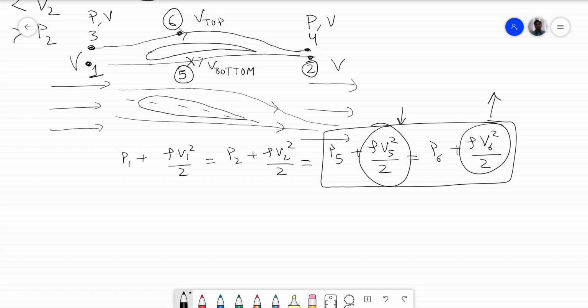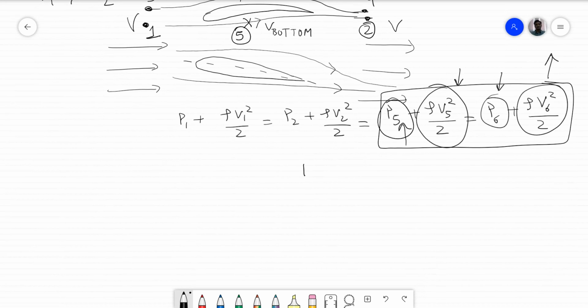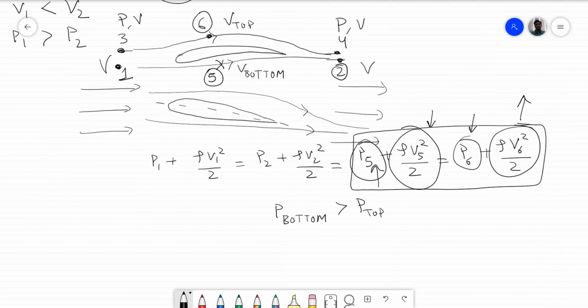Therefore, to balance the equation, velocity at point 6 should be less than velocity at point 5. Therefore, we conclude that pressure at point 5 or pressure at bottom is more than pressure at the top in such a case, in this kind of an airfoil.